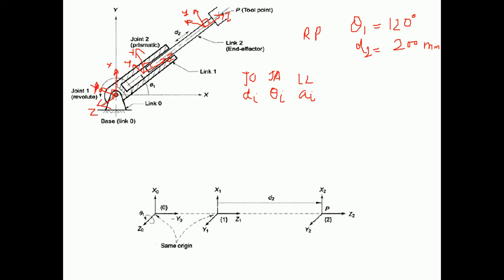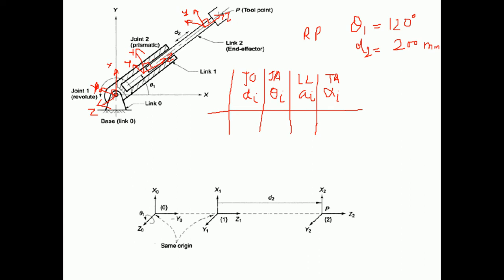And at last we have to keep the z axis parallel to the line which is perpendicular to the common normal, which is represented by alpha i, and this is called the twist angle. So while finding the parameters as per the Denavit-Hartenberg notation scheme, we have to find these parameters between two links.